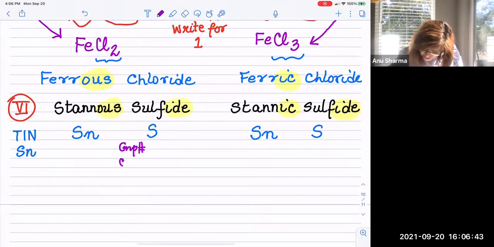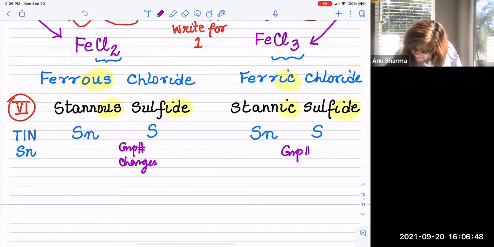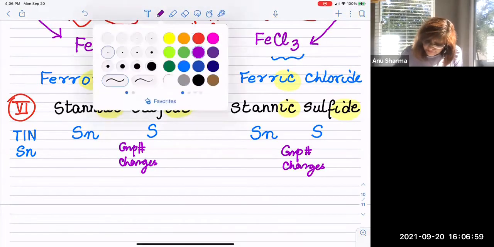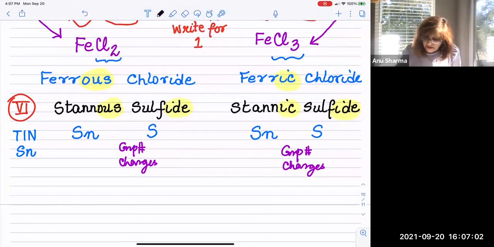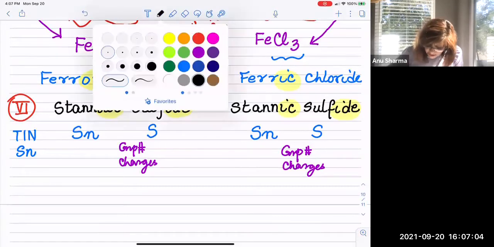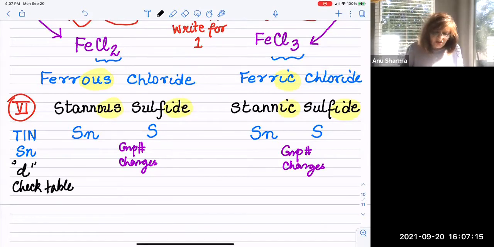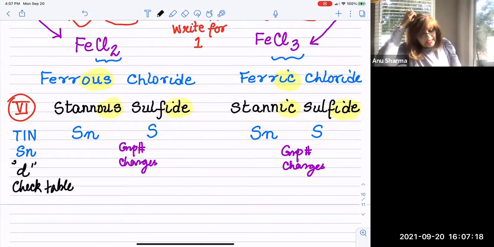Okay, now same thing, group number and the charges. Now, group number, tin. Tin is in the D block. So always check the periodic table. Tin is in the D block, or you know, it has a D orbital.